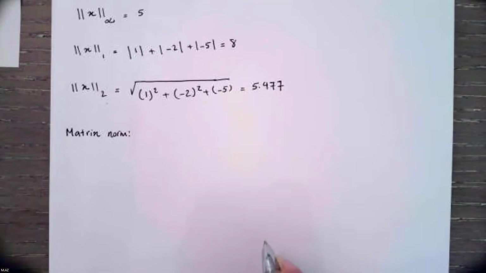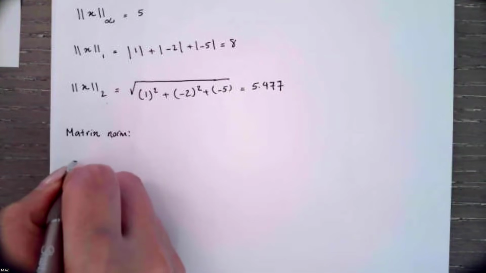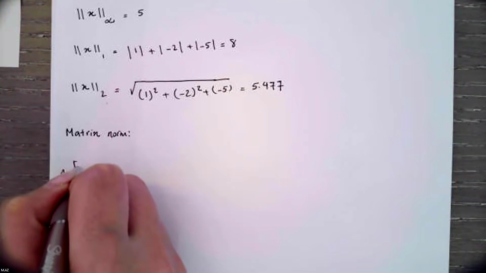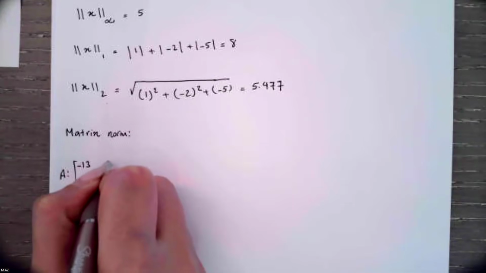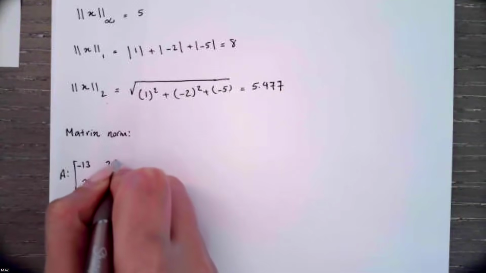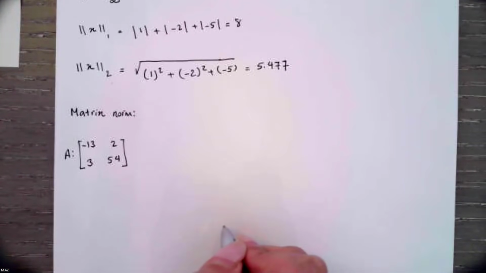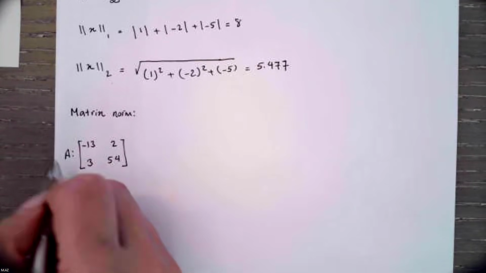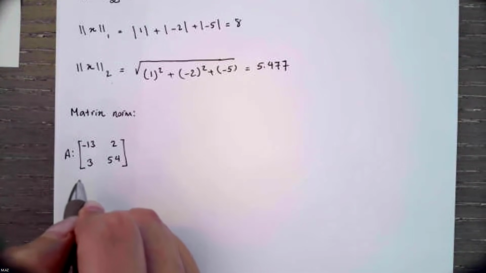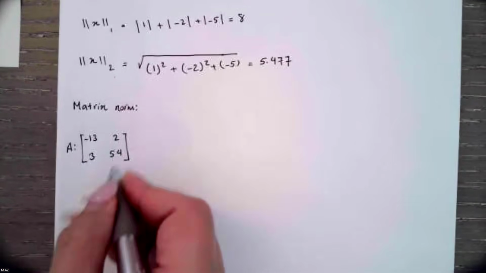For example, for matrix A with 2 by 2 dimensions, we are trying to find the norm 1 of matrix A, norm infinity of matrix A, and norm 2.